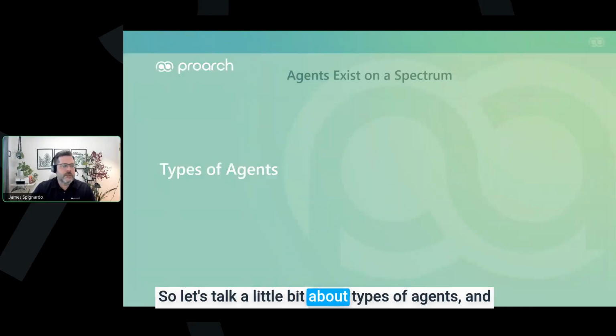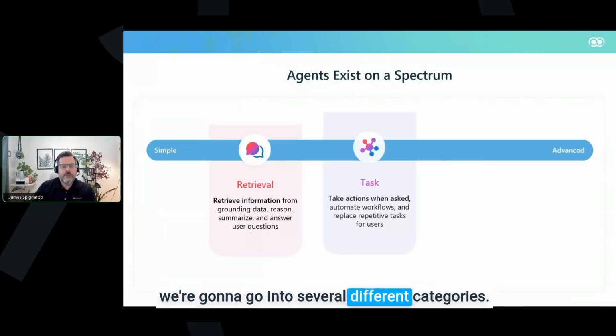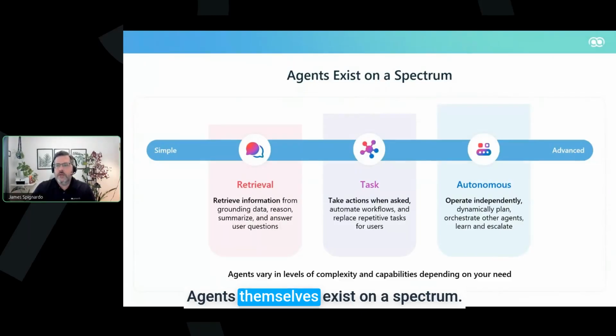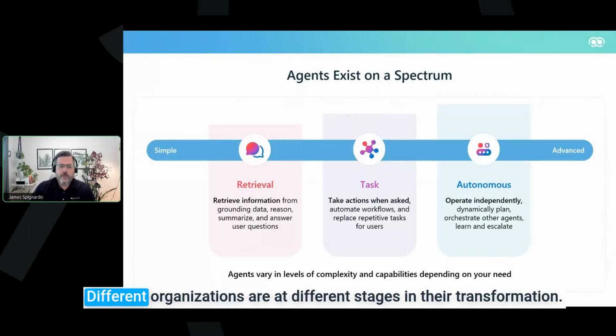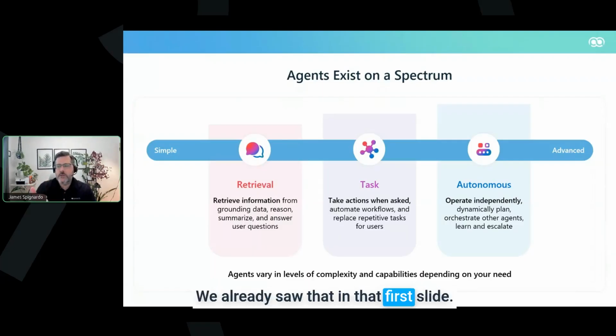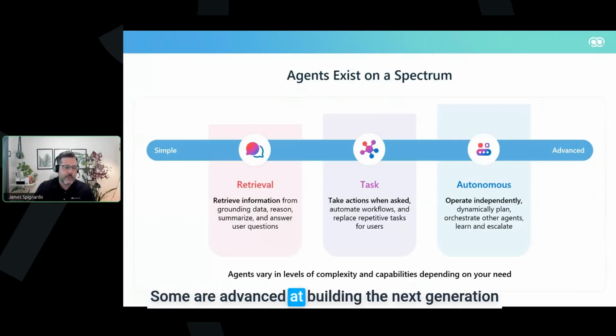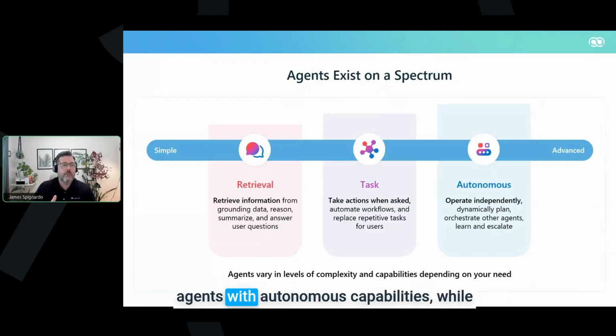So let's talk a little bit about types of agents. And we're going to go into several different categories. Agents themselves exist on a spectrum. Different organizations are at different stages in their transformation. We already saw that in that first slide. Some are advanced at building the next generation of agents with autonomous capabilities, while others are still building the retrieval agents.